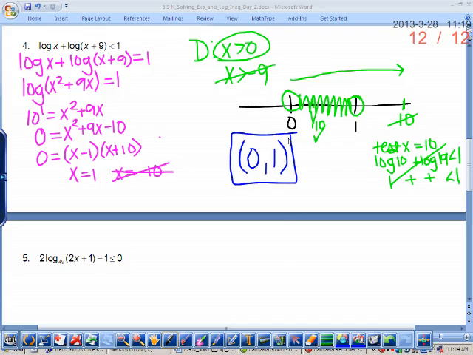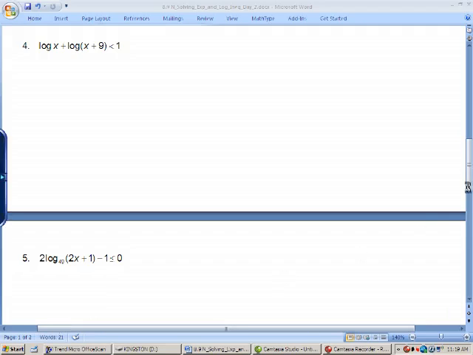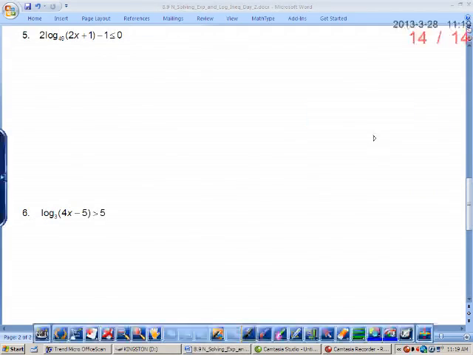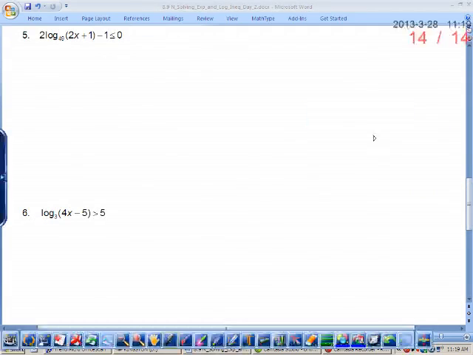All right, let's try number 5. 2 times log base 49 of 2x plus 1 minus 1 is less than or equal to 0.